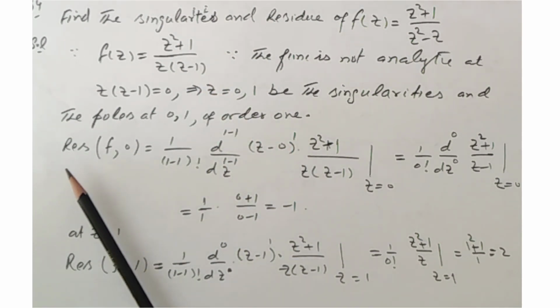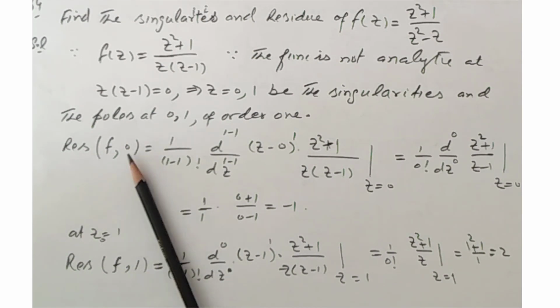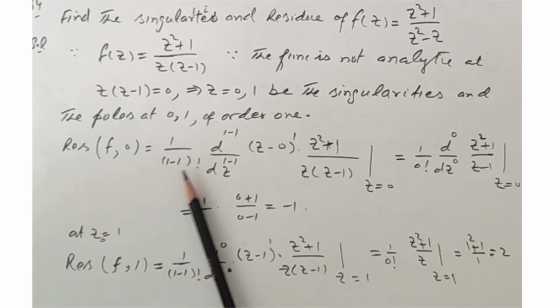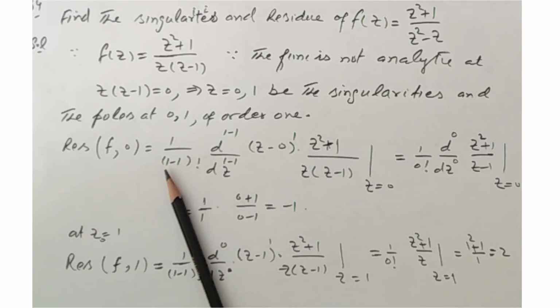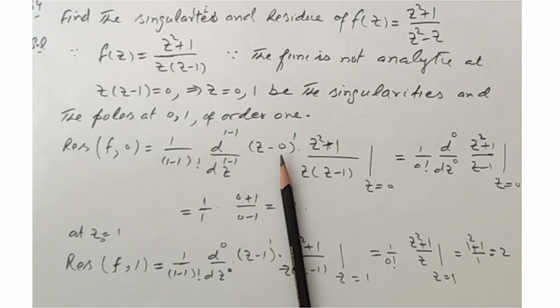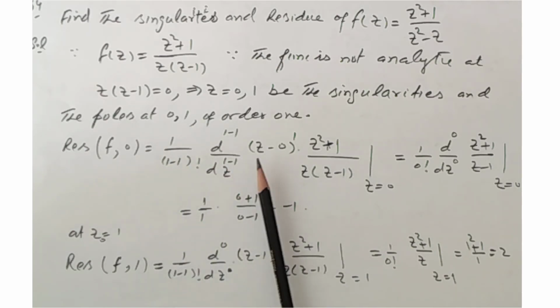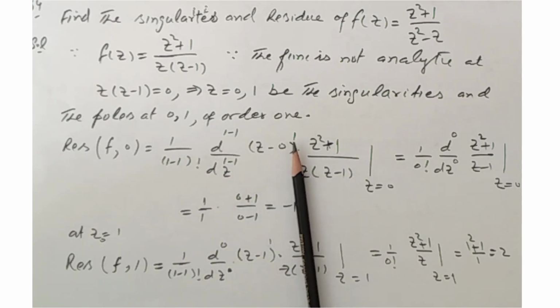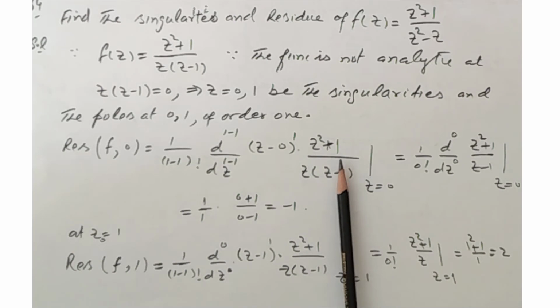Now using the formula, we find the residue of the function at 0. 1 by (n minus 1) factorial, n is equal to 1, so this is (1 minus 1) factorial. In place of n we put 1, so this becomes d^(1 minus 1) over dz^(1 minus 1) of (z minus a), where the value of a is 0, so this is z minus 0 to the 1, which is z.